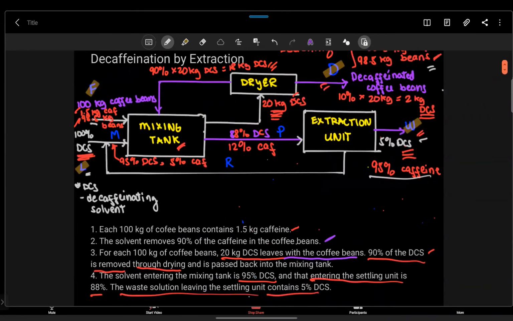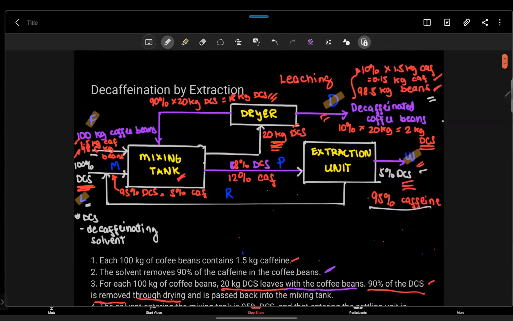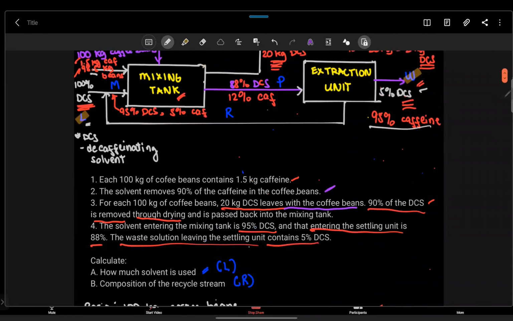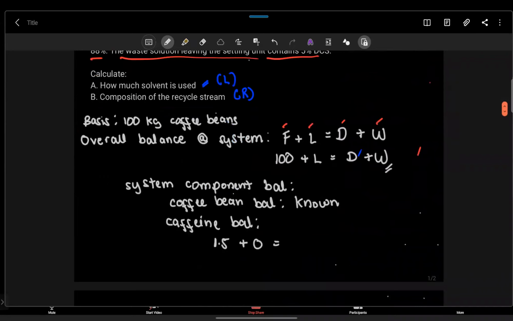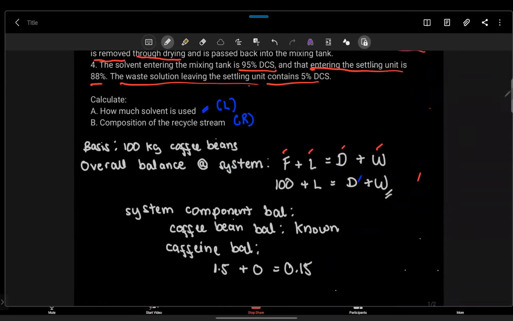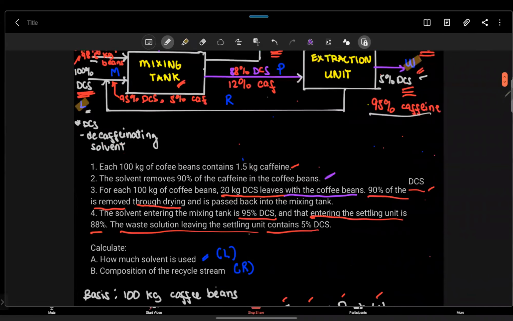Ito yung D pala. Here, this is D. So, ilan daw yung caffeine dyan? Alam na natin yung kanina, which is, ayun no, 1.5 kilogram. So, not 1.5, 0.15 kilogram. Okay? So, let me double check.